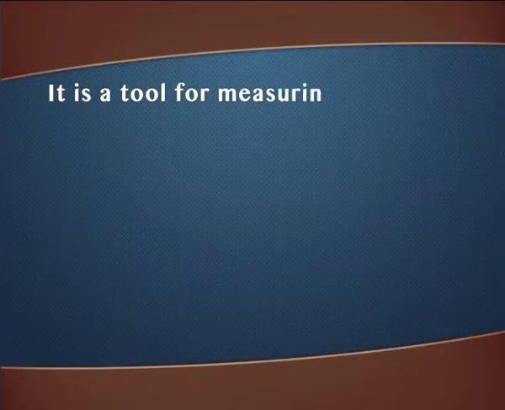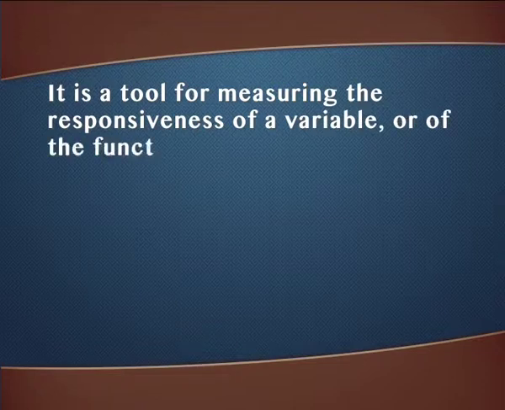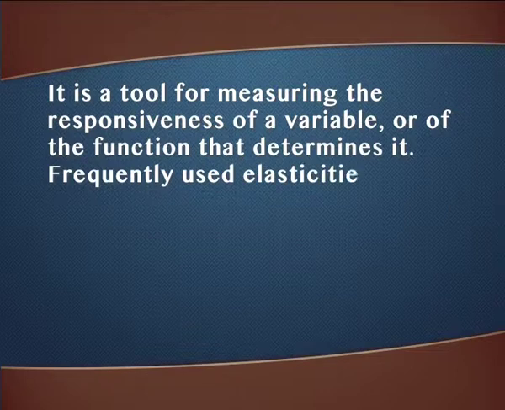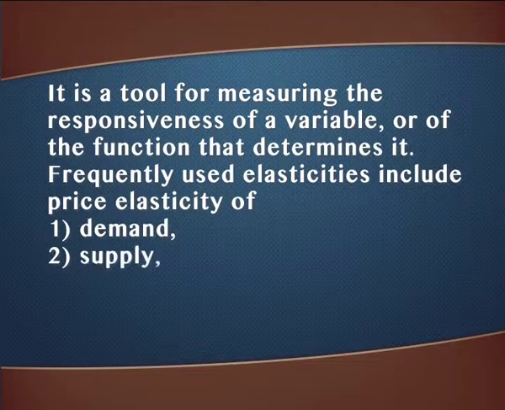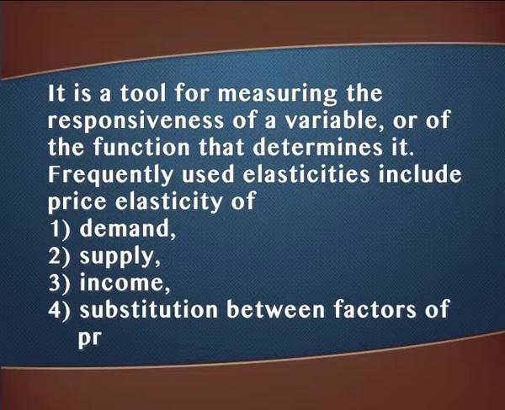It is a tool for measuring the responsiveness of a variable or of the function that determines it. Frequently used elasticities include price elasticity of demand, supply, income, and substitution between factors of production.